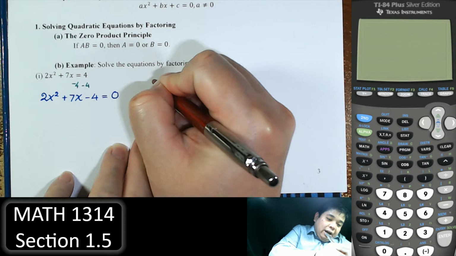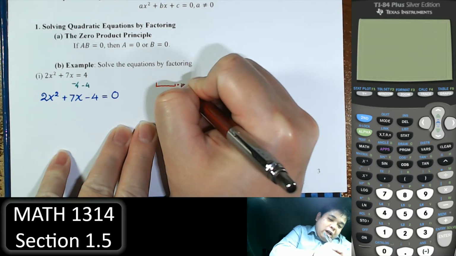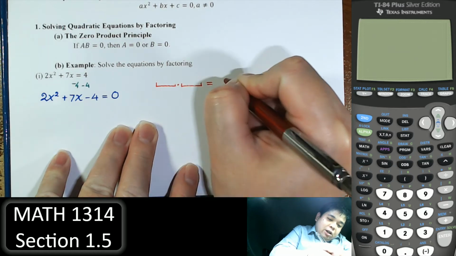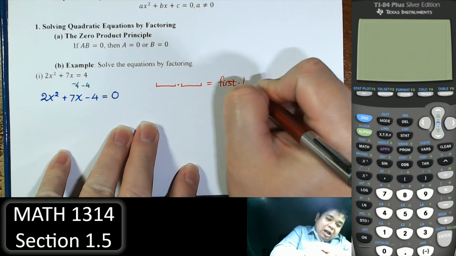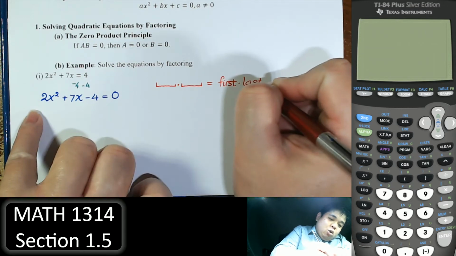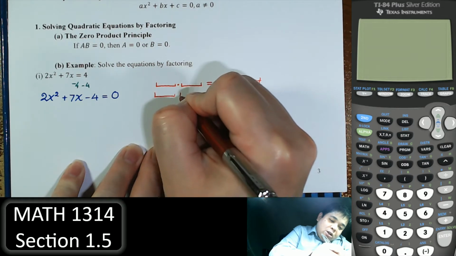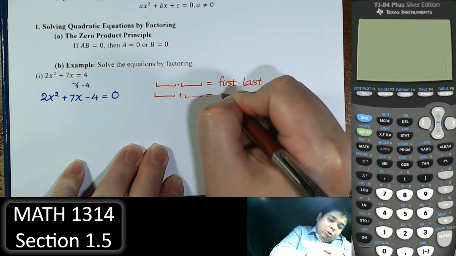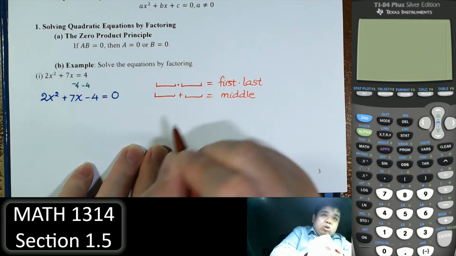So I will have 2 numbers multiplied together equal to the first number times the last number. First coefficient, last coefficient. When they add together, it will equal the middle number. I have to find that combination of those 2 numbers.